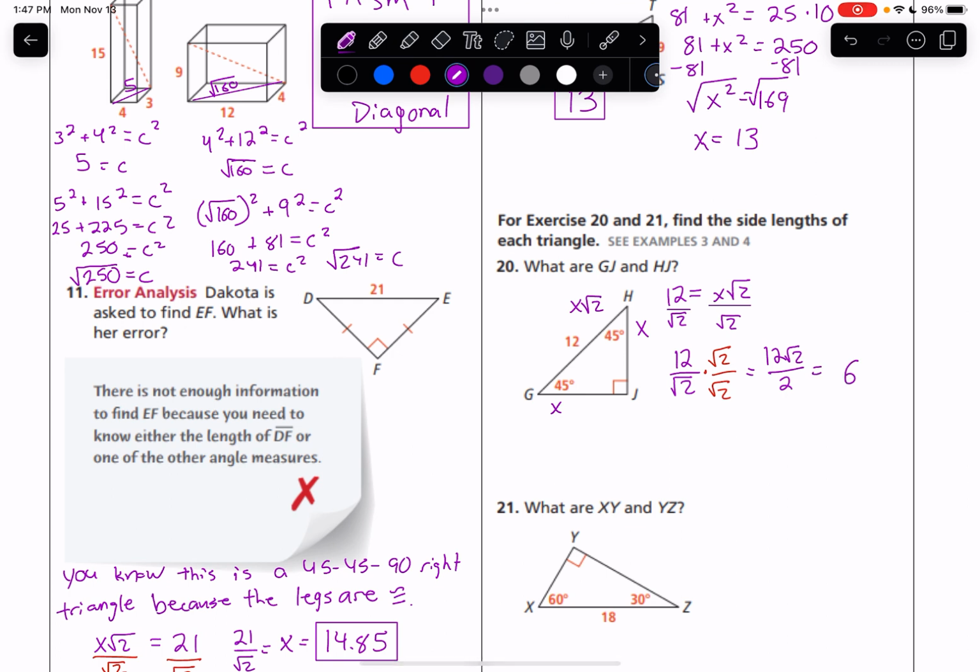So that becomes 6 root 2. So the side lengths of each triangle that are missing are JG, my initials, equals 6 root 2, and HJ equals 6 root 2 as well. Both of those missing sides are 6 root 2.